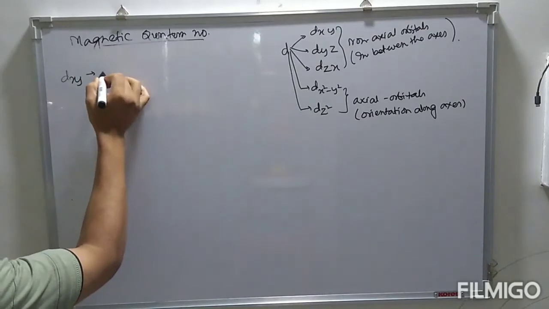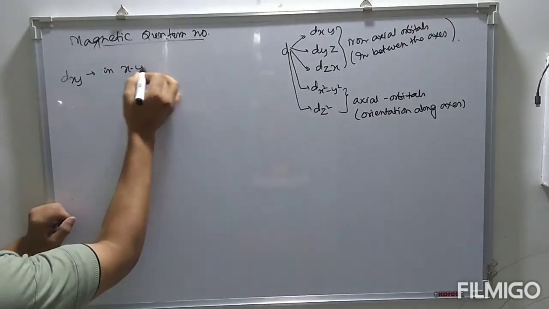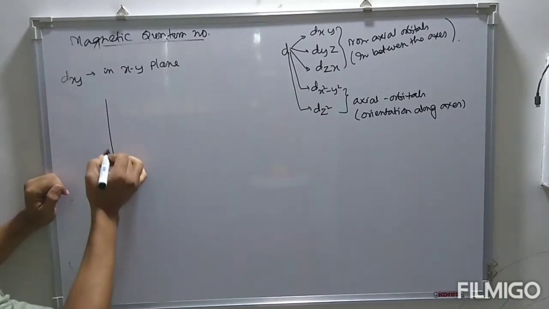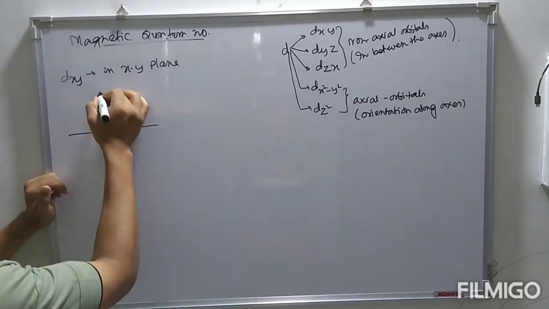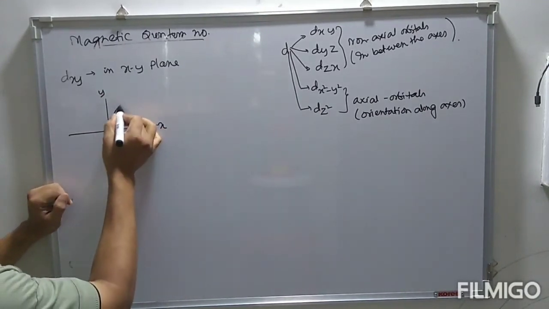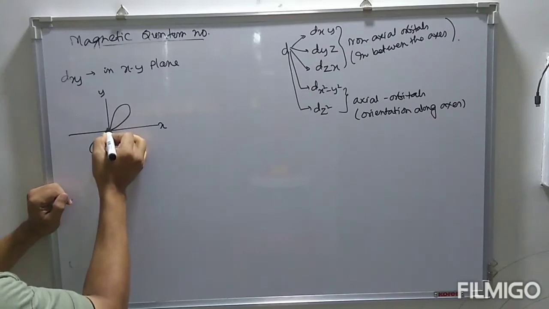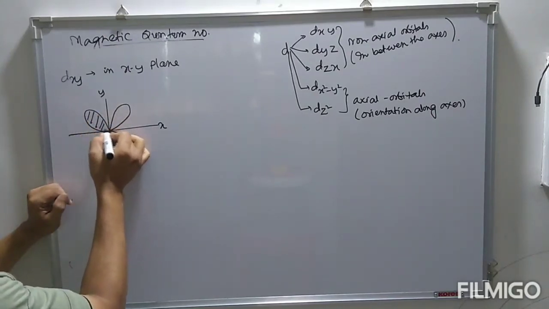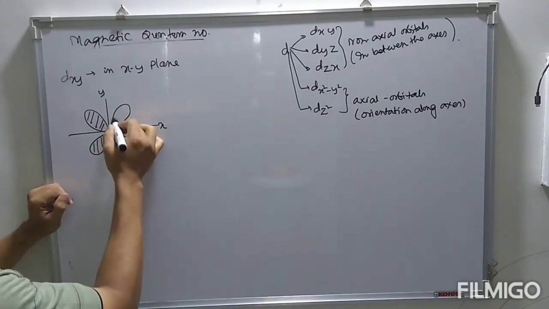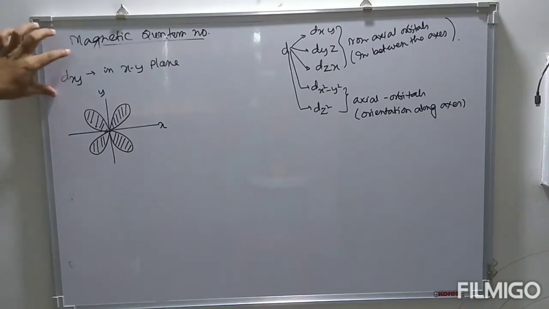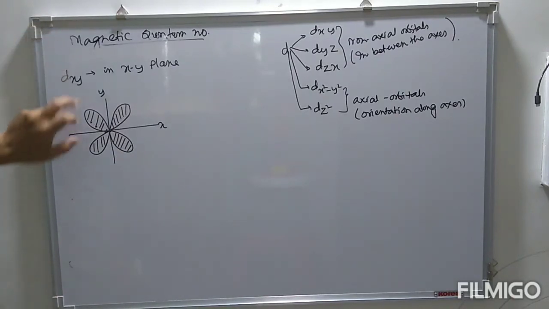dxy, orientation is in xy plane. Suppose this is y, this is x. So this dxy is in between x and y axis.